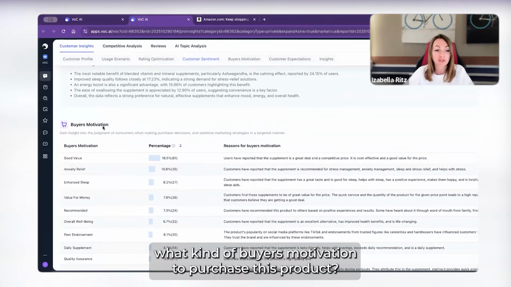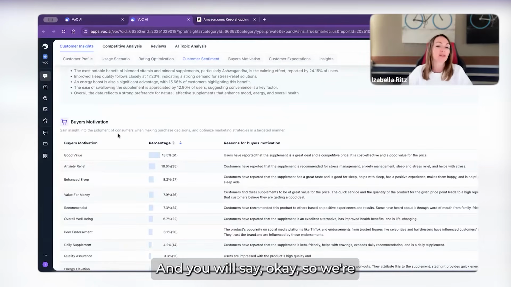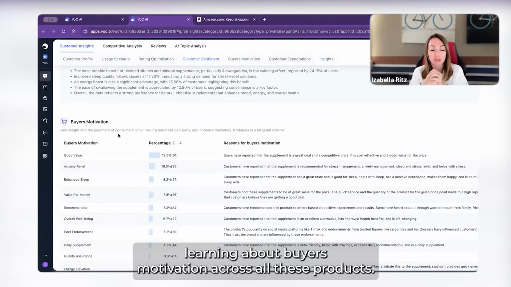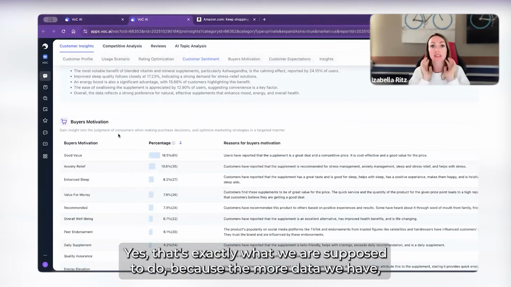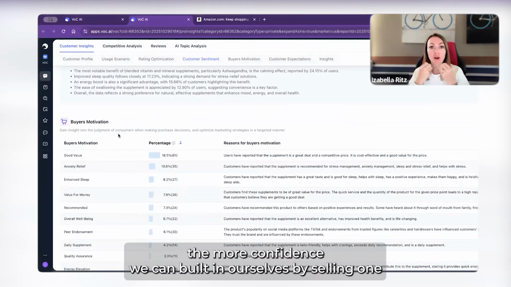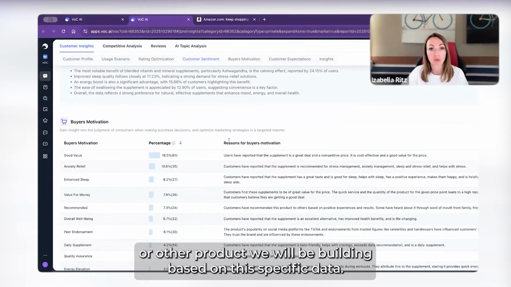We have buyers' motivation to purchase this product. And you will say, okay, so we're learning about buyers' motivation across all these products. Yes, that's exactly what we're supposed to do, because the more data we have, the more confidence we can build in ourselves by selling one or another product we will be building based on this specific data.